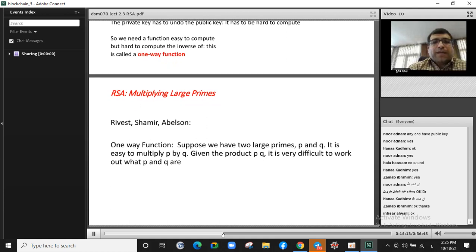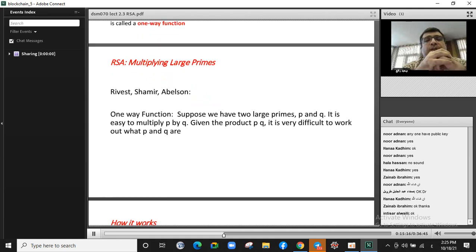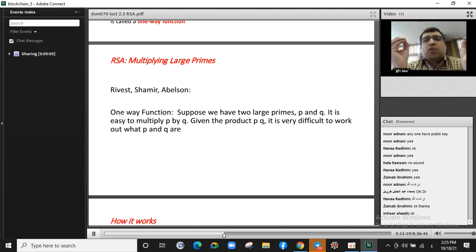Let's talk about RSA. RSA is based on multiplying large prime numbers. Rivest, Shamir, and Adleman invented this algorithm, so RSA is the first letters of their family names. Suppose we have two large prime numbers, for example P and Q. It's easy to multiply P by Q. Very simple.